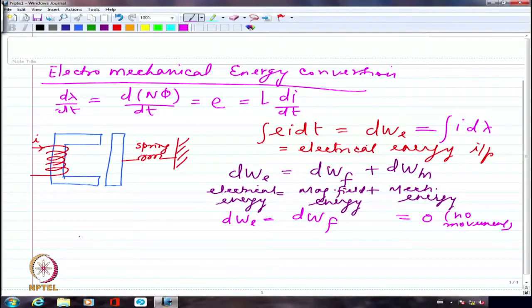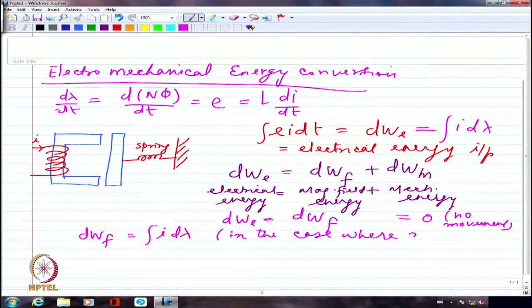So, we said dWf equals I dλ in the case where motion is absent. We call this the field energy.